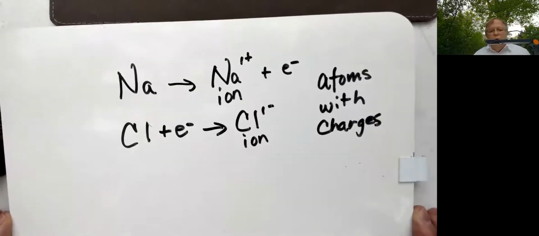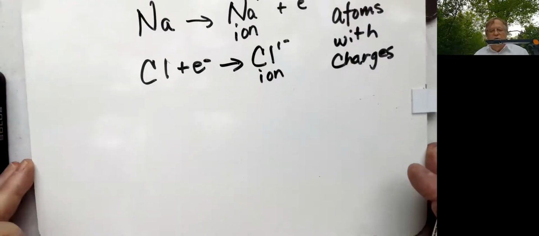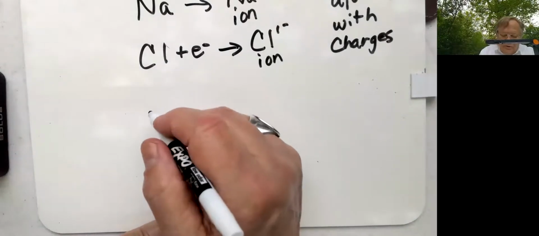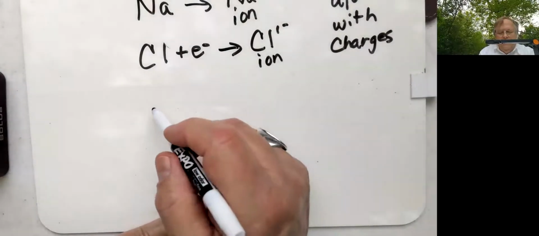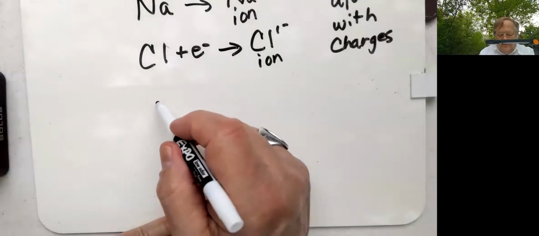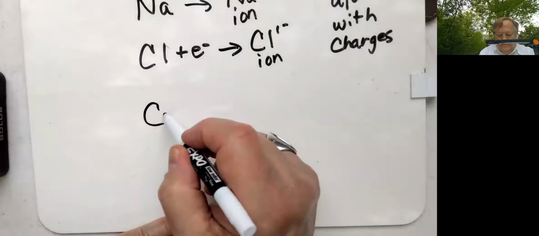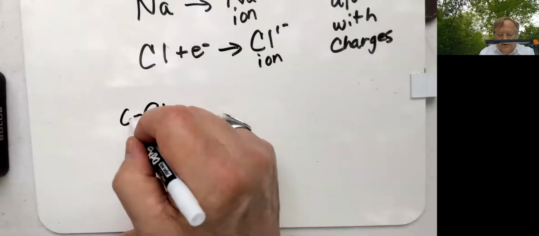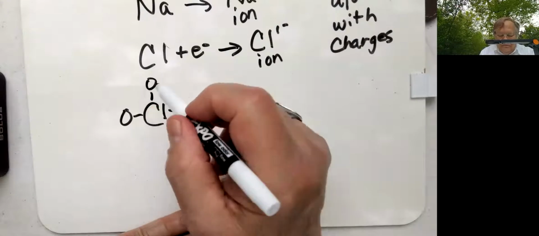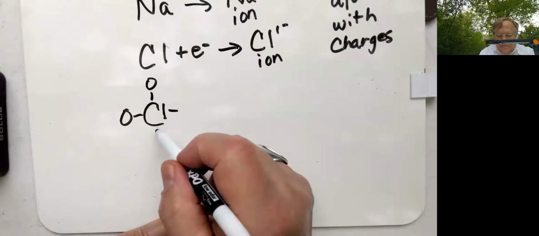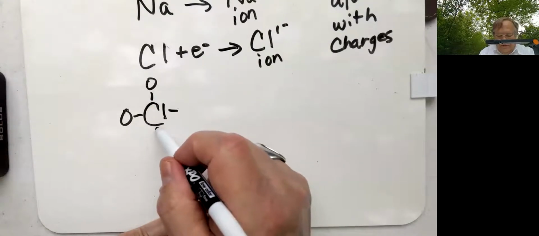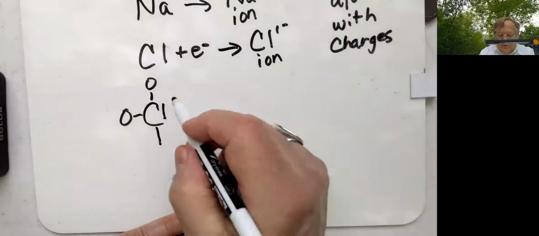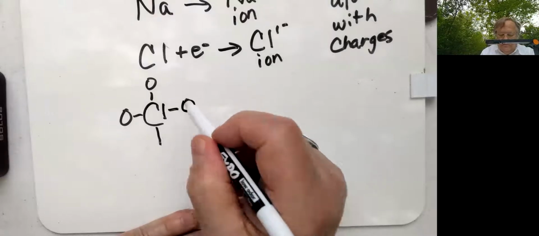But there are those atoms or groups of atoms. For instance, if we were to look at chlorate, and this is covalent bonding here. Let's put this here. We might as well go ahead and look at perchlorate.